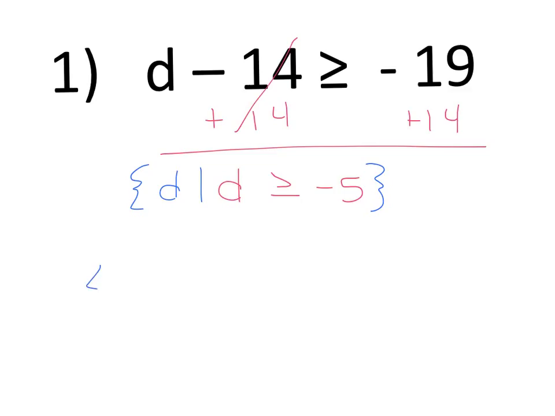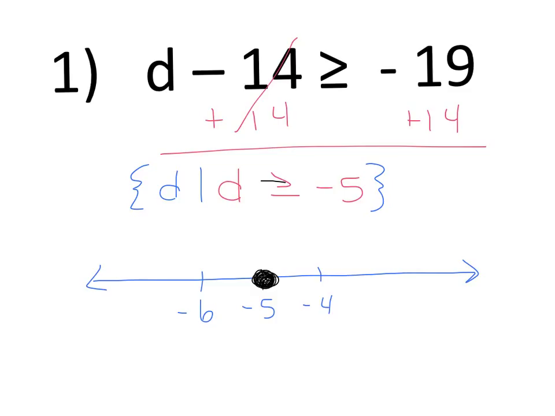All right, so now we're going to graph on a number line. All right, -5. I always just kind of put that in the middle when I'm making my own number line, and then I just kind of put a value in on each side, and that's really pretty good for right now. Okay, so when we're graphing this, d is greater than or equal. If it has an equal sign, that's going to be a closed-in circle. Okay, and then just kind of make an arrow.